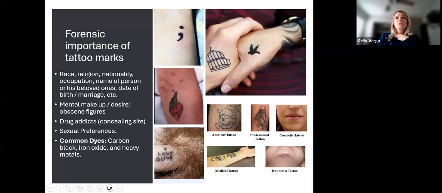This also leads to this understanding that tattoo markings are incredibly important, right? Tattoos are a very personalized thing. They become extremely unique. They can make identifications of race, religion, occupation, culture, ethnicity, companionship, sexual orientation, gang affiliation.